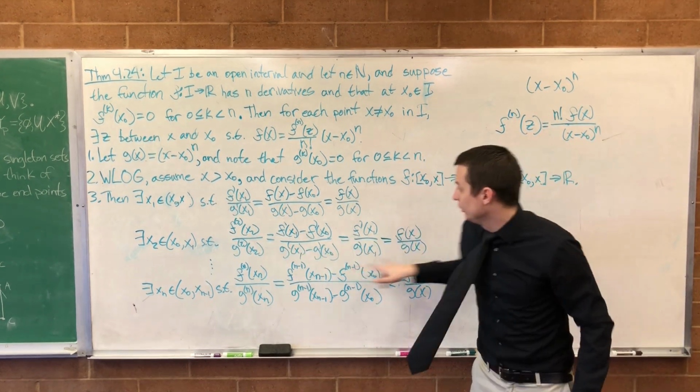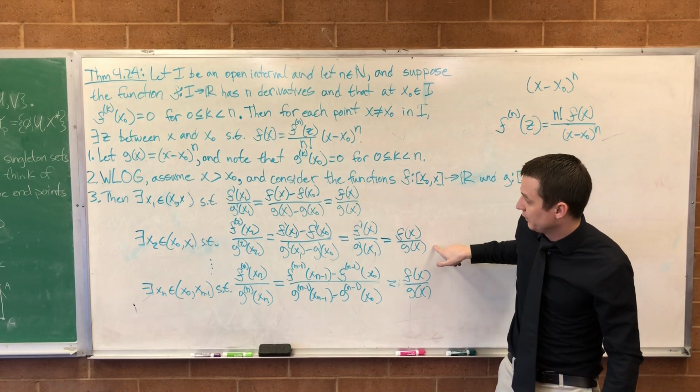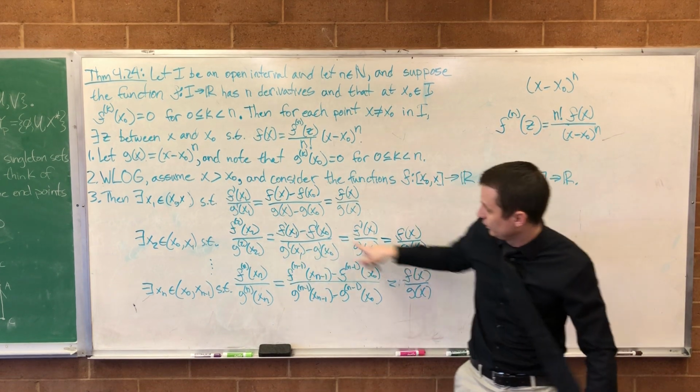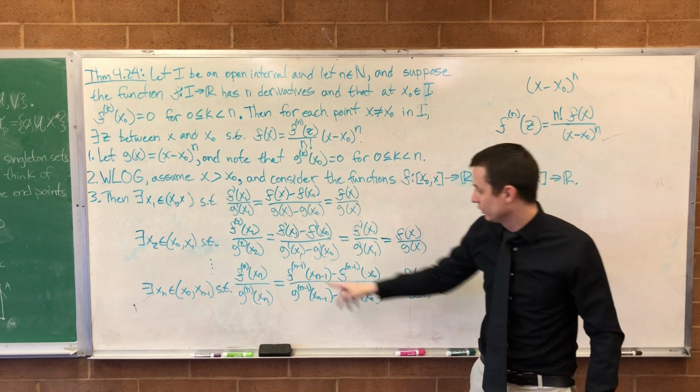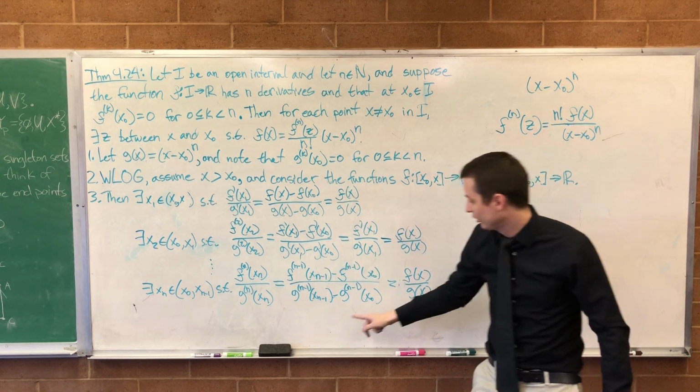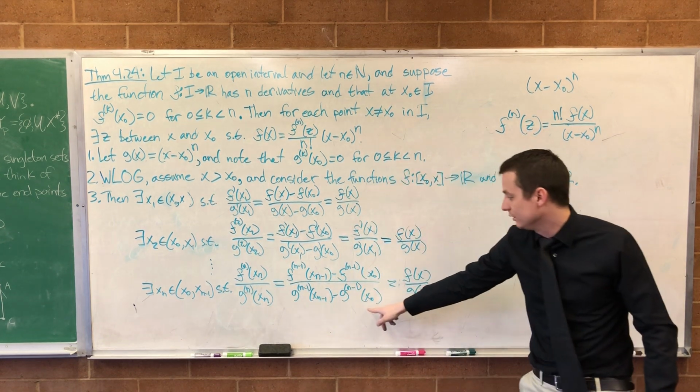Because every time we do it, it keeps still equaling f of x over g of x. This ends up equaling the previous line equals this. If we did the third line, we would have gotten the same thing. If you do this all the way down, you keep getting the same thing.